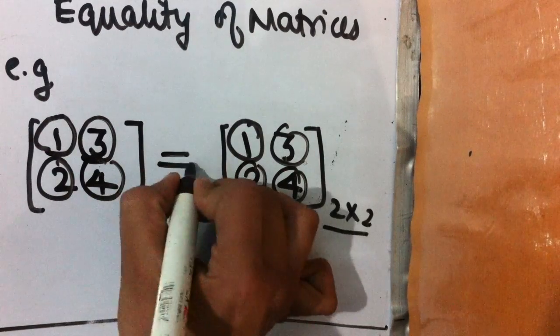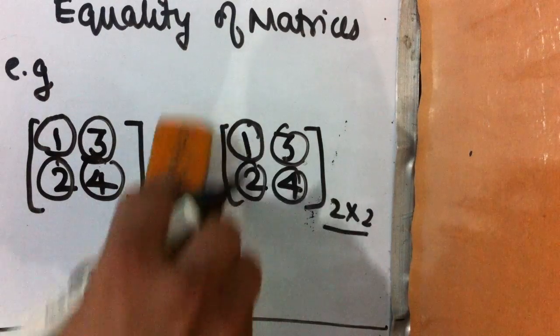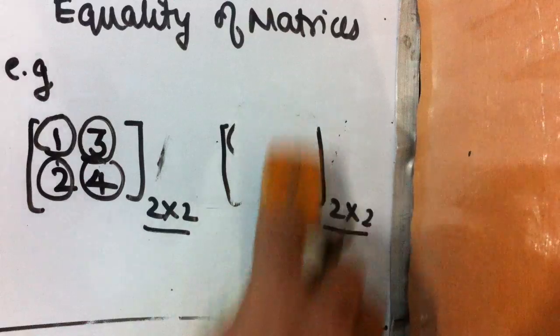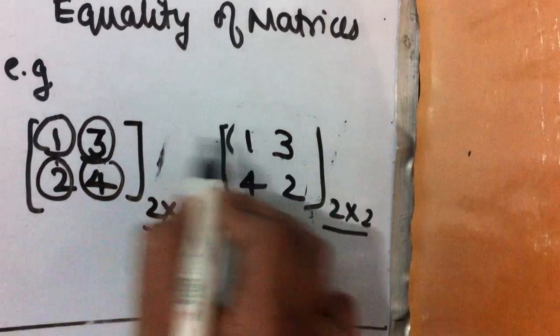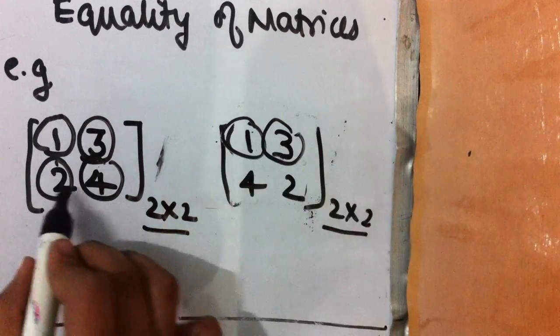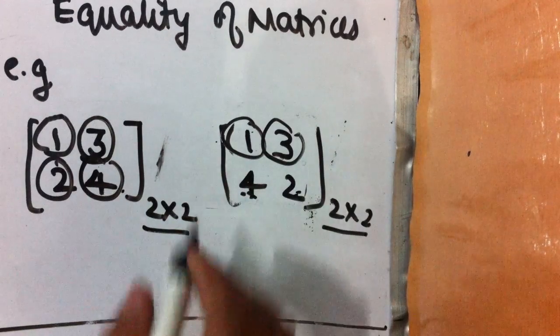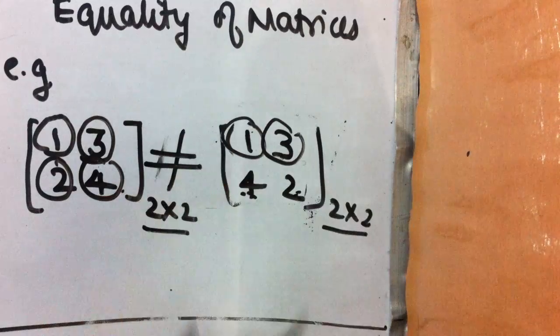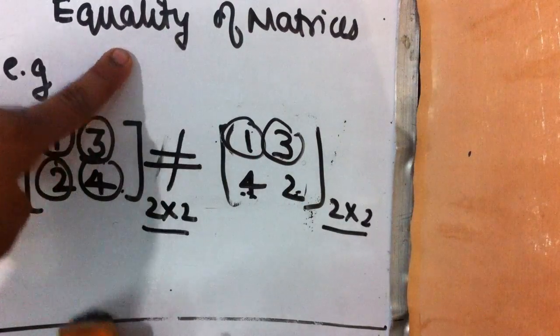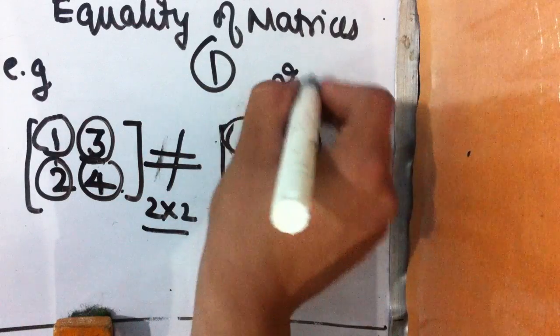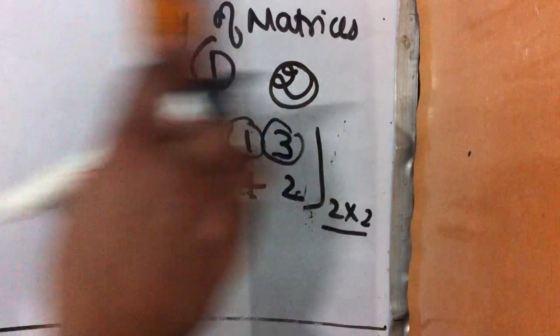Then they are said to be equal in nature. Then if I change the position of these elements, that is 1, 3, 4, 2, now these two elements perfectly coincide, but these two elements are reversed. Now these two matrices cannot be said to be equal. So therefore, for equality of matrices, both the first and the second condition must be satisfied.